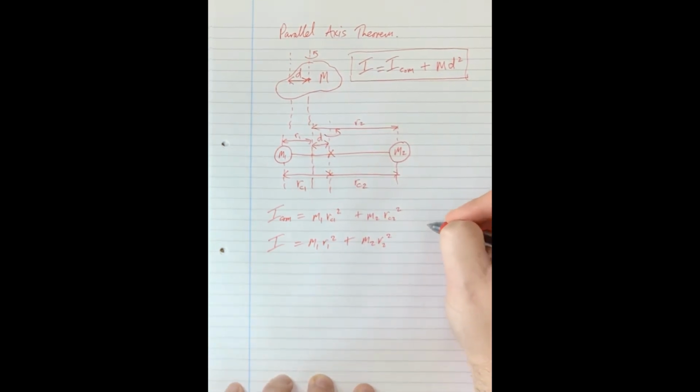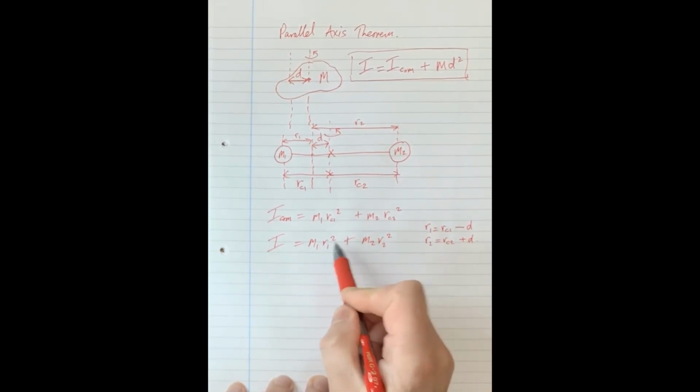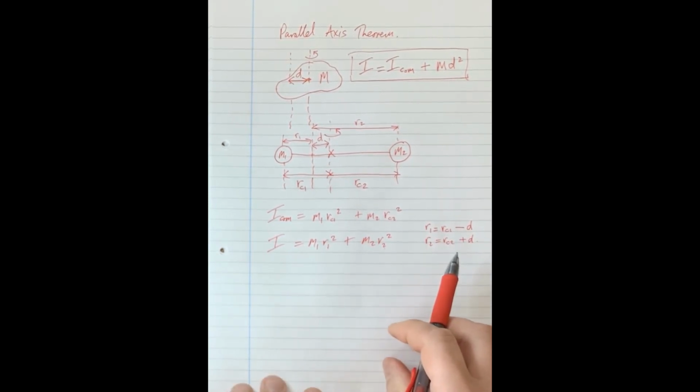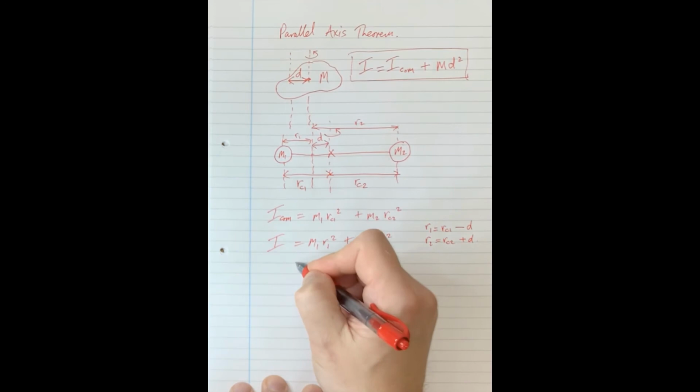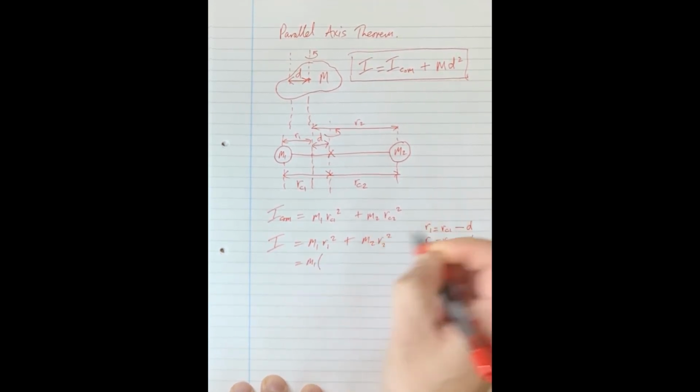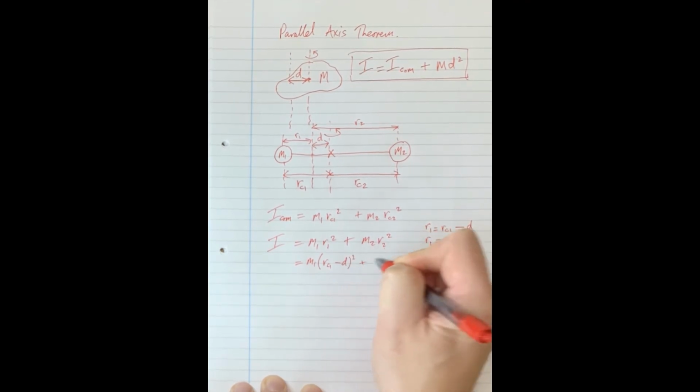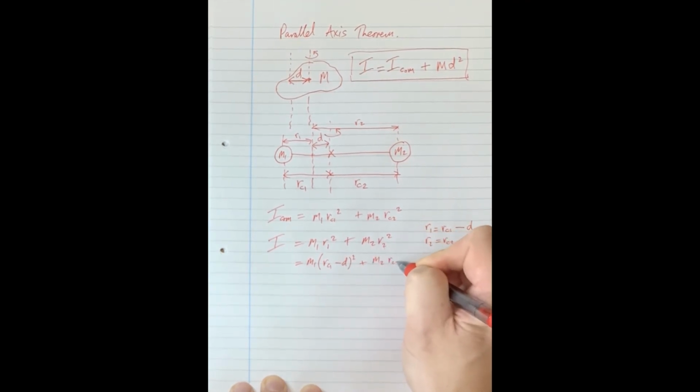So R1 is equal to RC1 minus d, and R2 is equal to RC2 plus d. Instead of having R1 and R2, I'm going to replace them with their distances to the center of mass and this new distance that the axis of rotation has been shifted by. So I get M1 (RC1 minus d) all squared plus M2 (RC2 plus d) all squared.